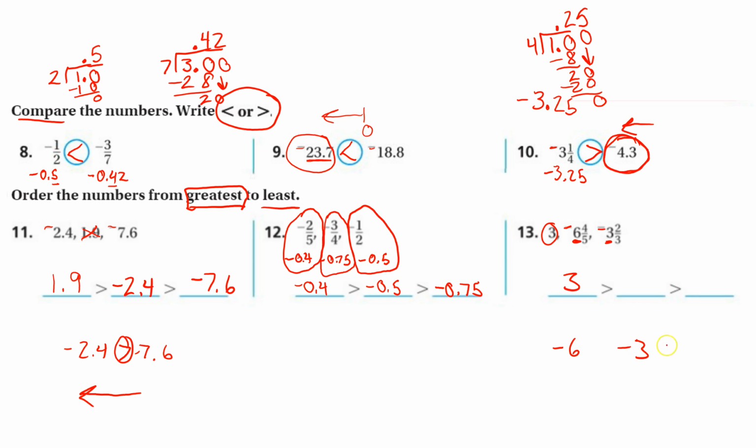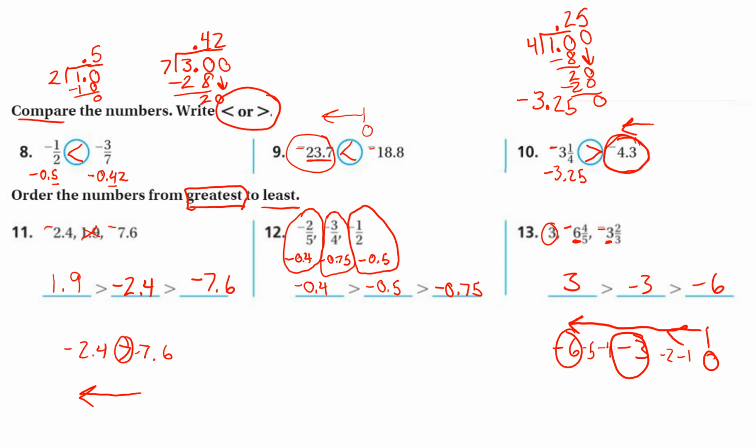Well, the furthest to the left on a number line, if we think zero is here, negative 1, negative 2, then negative 3, then negative 4, then negative 5, negative 6, and negative 3 are the ones I'm comparing. Negative 6 is my smallest. It's the furthest to the left. Left is less. Right is more. So negative 3 is going to be right in the middle.